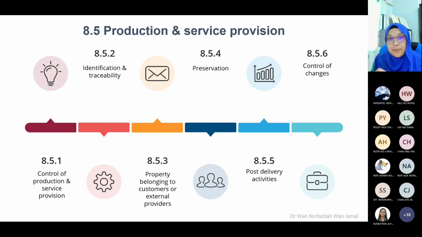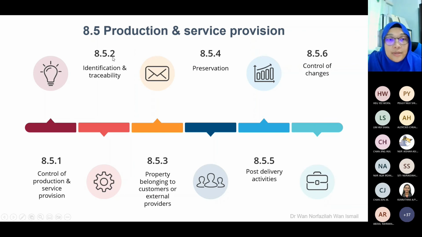Which supplier can provide the lowest price for all the raw materials, and that is how you control the provision. Okay, so if you are the one who provides the service or product to your customer, how you control the provision? Okay, so think about it.